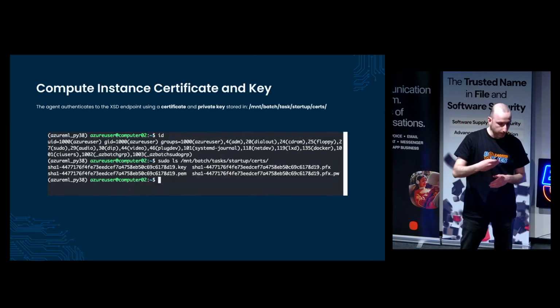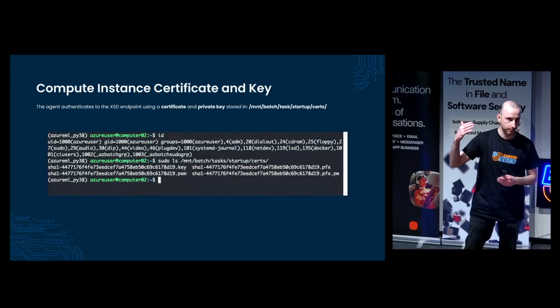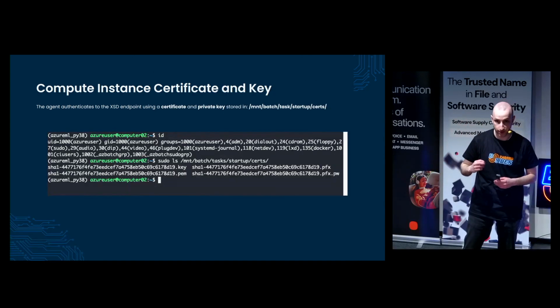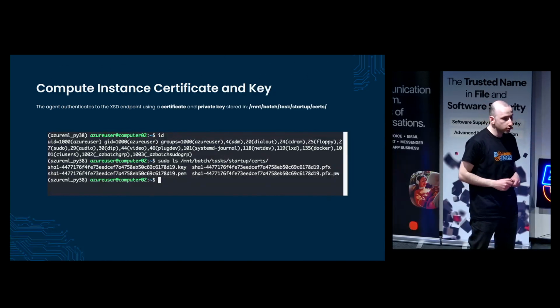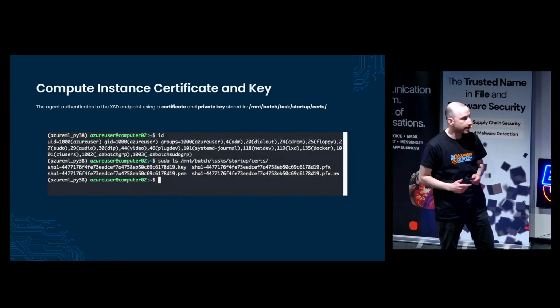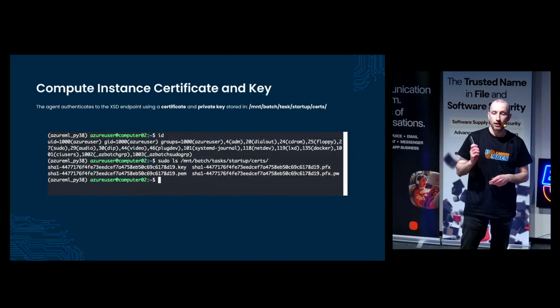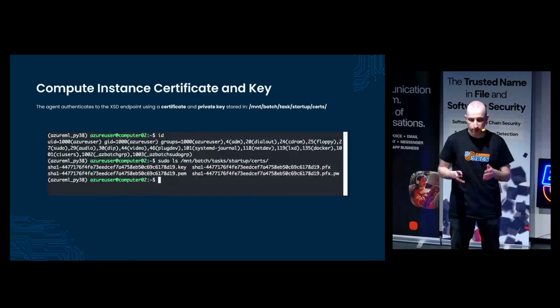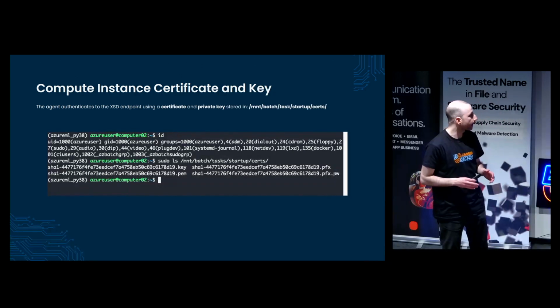This daemon has to authenticate, okay, because it has to retrieve the storage account access key to mount the file share. The way that it does it is by connecting to the XSD endpoint, okay? To do that it uses a private key and a certificate, okay?